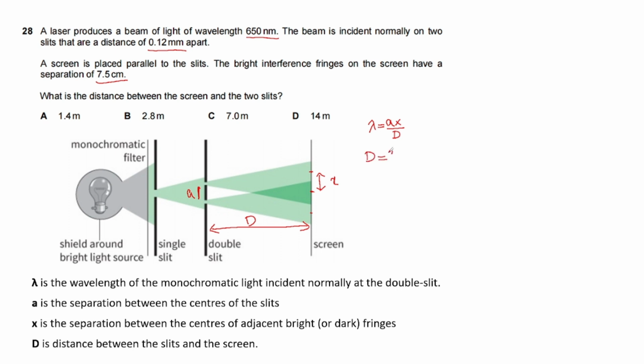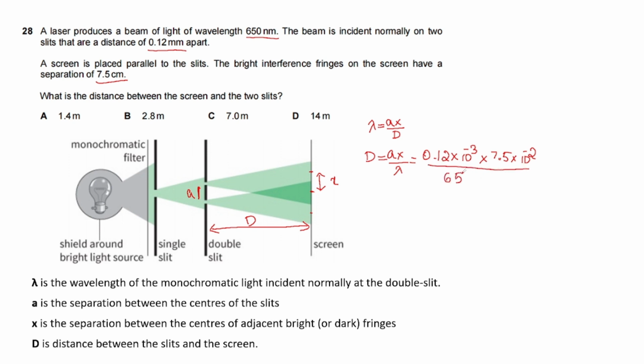So we can rearrange as D equals a x divided by lambda and just substitute the terms. So a is the slit separation, given as 0.12 millimeter, which means 10 to the power minus 3 meter, multiplied by x, the fringe separation, given as 7.5 centimeter, which means 7.5 multiplied by 10 to the power minus 2 meter, divided by the wavelength.